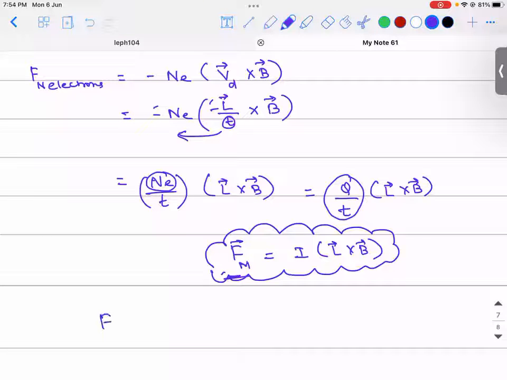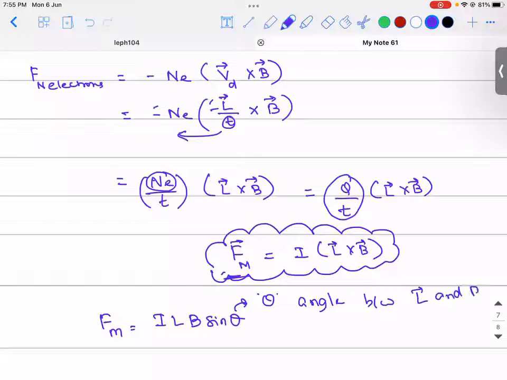If I have to write it in the scalar form, I will write it as I into L into B into sin theta, where theta is the angle between L vector and B vector. L is the length of the conductor.